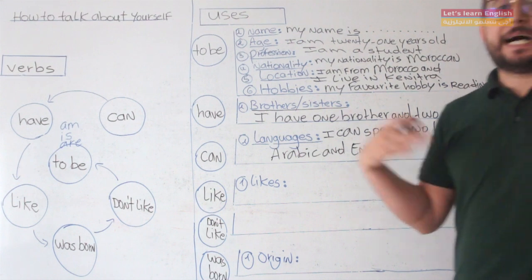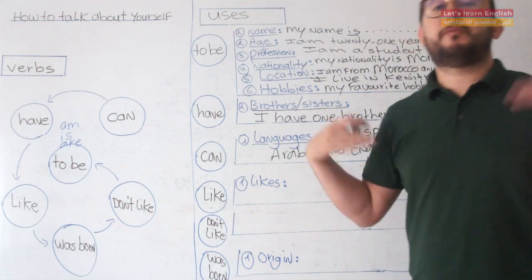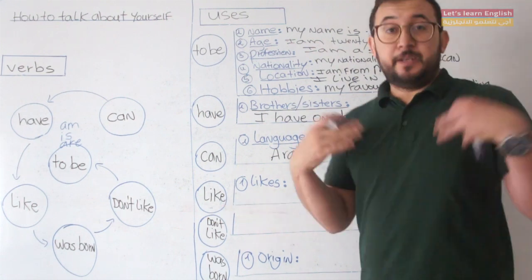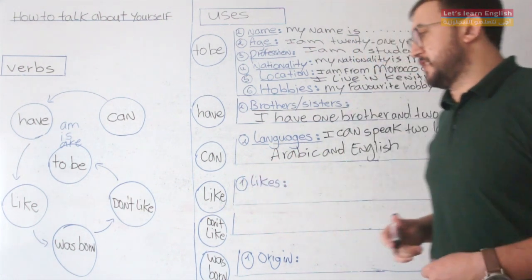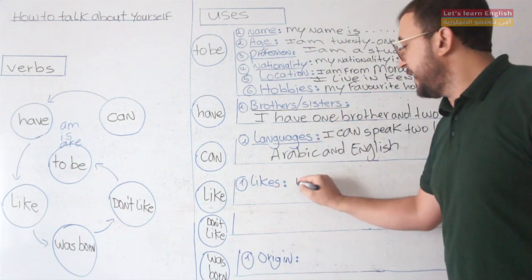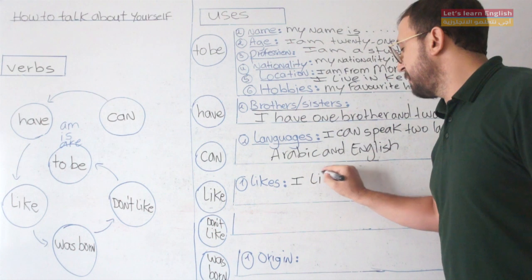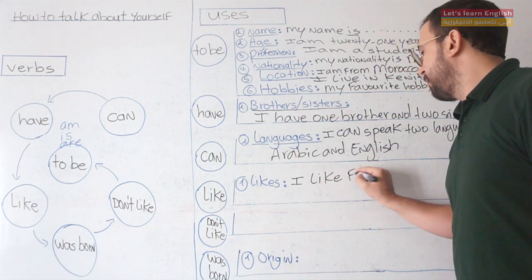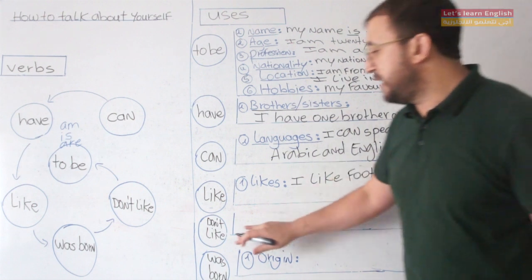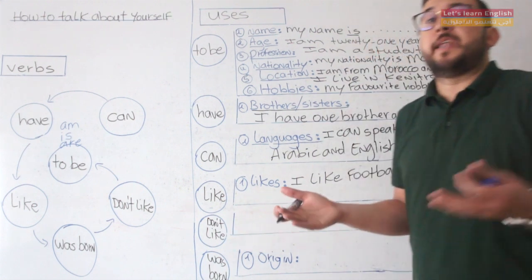So I can speak, I can, for example, swim, I can travel, I can تخدمها مع النافيتي, right? So the verb like يعجبني كتعجبني شي حاجة, for example. So I can say likes يعني الحوايج اللي كيعجبوك, right? You can say in English, I, for example, like football كتعجبك مثلا كرة القدم, ولكن إلا بغينا ننفيو نديرو النفي, which means not.